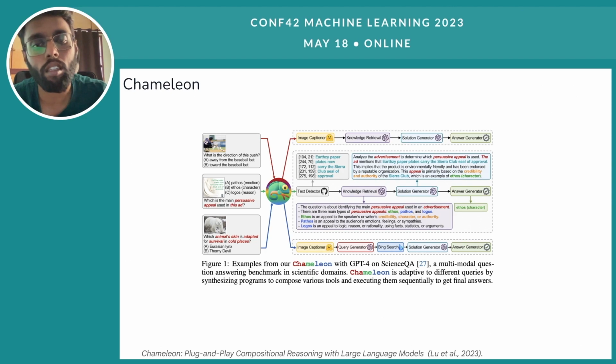And then there is a solution generator, which creates a descriptive solution of what needs to be done. And then the answer generator, which could be a rule-based approach, generates the answers from the solution that was generated by the model. So this paper uses different tools, right from Hugging Face models and OpenAI GPT models, iteratively, and also other models like the text detector to come up with a final solution.